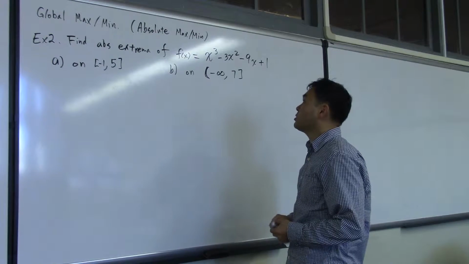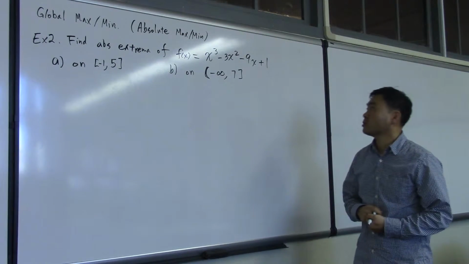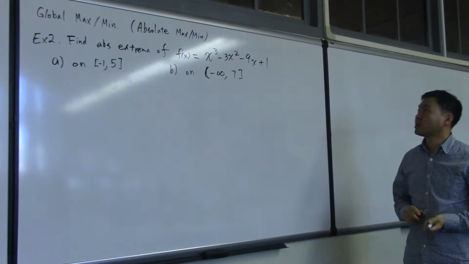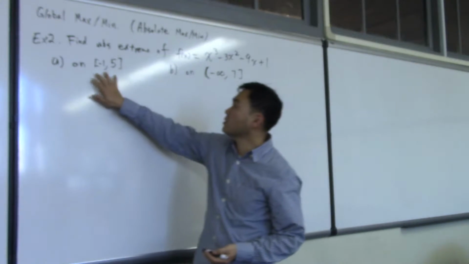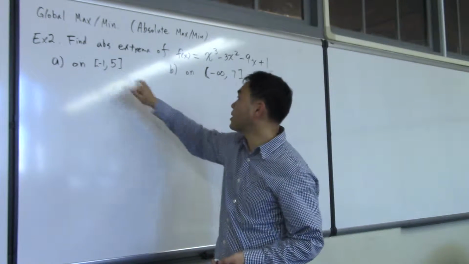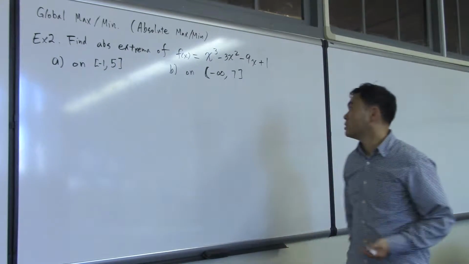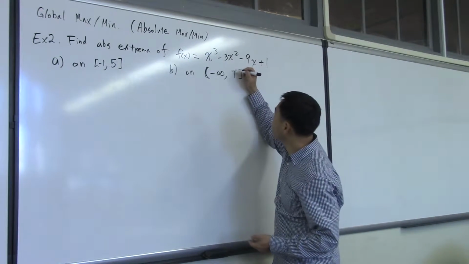Alright, find an absolute extrema of f of x equals x cubed minus 3x squared minus 9x plus 1 on, first, the closed interval negative 1 to 5, or on negative infinity to 7.